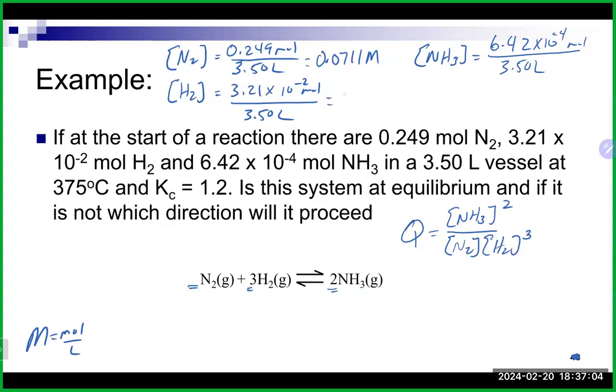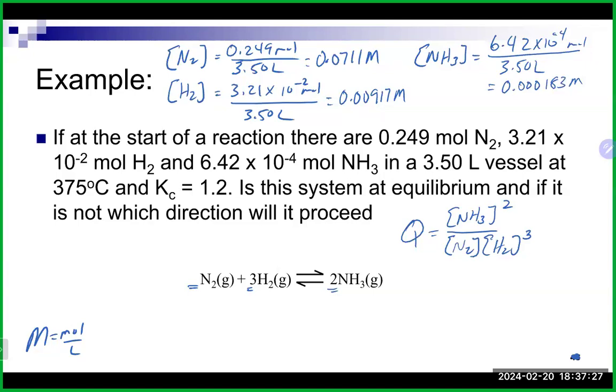We got 0.00917. And lastly here, 6.42 to the minus 4 divided by 3.5, going to give us 0.000183 molar. Any questions on that so far?